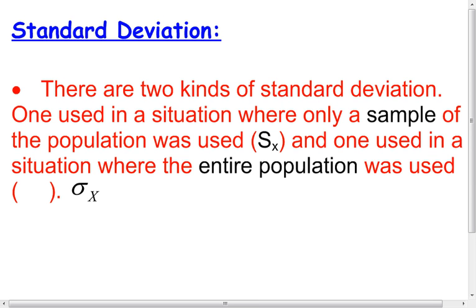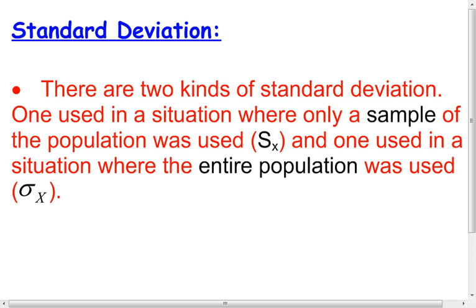First of all, there are two kinds of standard deviation that we need to calculate. One of them is where only a sample of data was taken. I am not quite sure whether a sample or the whole entire team was used in this Dolphins and Sweet Peppers example, but I'm going to assume it was just a sampling of their team, because there are maybe more than 10 players on a team. So we're going to think it was a sample.